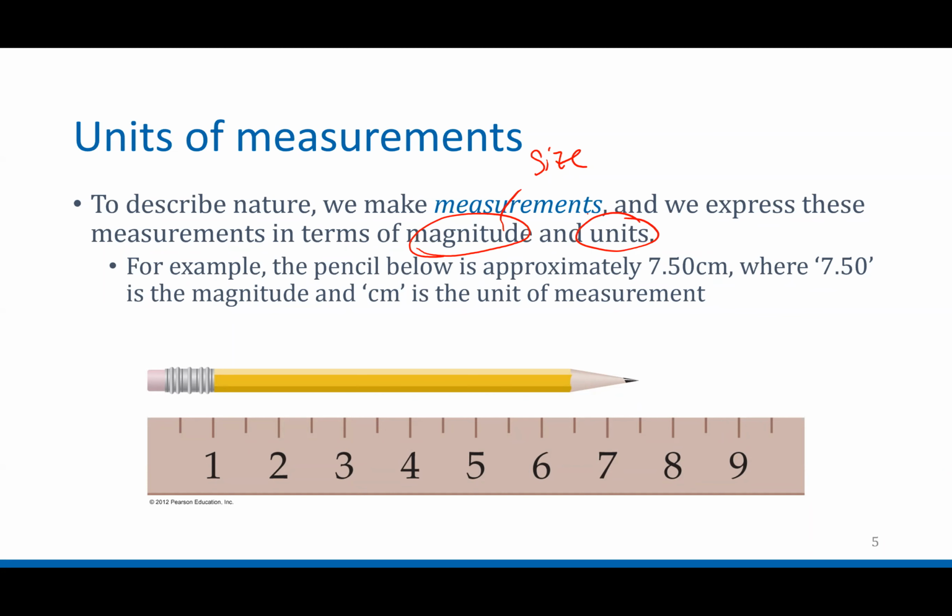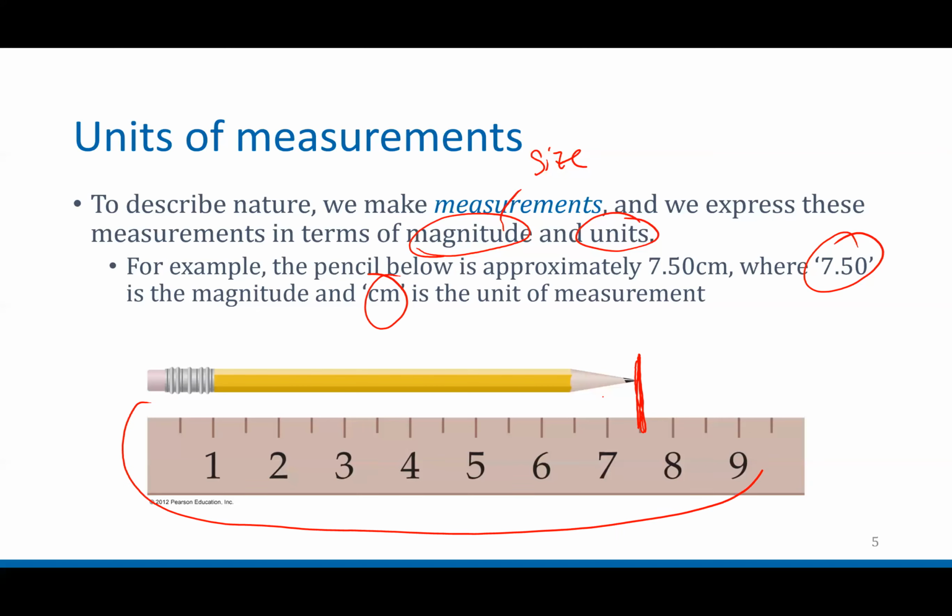So the very easy example that I stole from a physics book years ago is just this pencil here. And you could say that the pencil is 7.5. That would be your magnitude or your size. But 7.5 what? Now it's a pencil, so obviously it's probably centimeters, and sure enough, this ruler measures in centimeters.